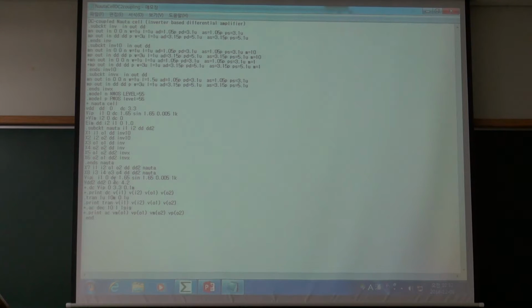VIP3, VIP2, I3, and then VIM2, I4. This is right? Yeah, this is my common mode input. Then I want to observe O3, O4: VI3, I4, VO3, VO4. Okay, let's just simulate it.